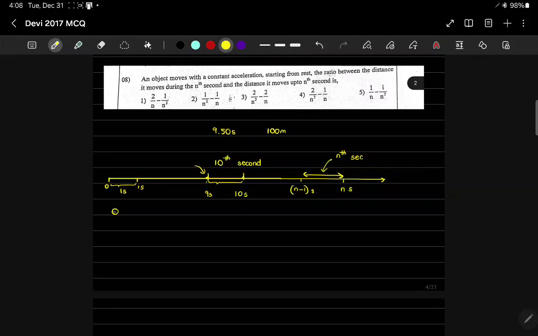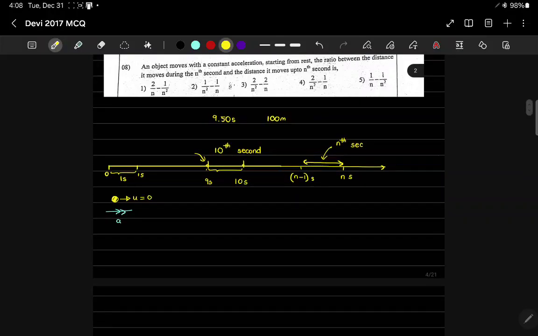They say that the object starts at rest. So the initial velocity is 0 and it has an acceleration of, let's say, a. If so, the distance that it moves during that nth second, we can find using the linear motion equations.